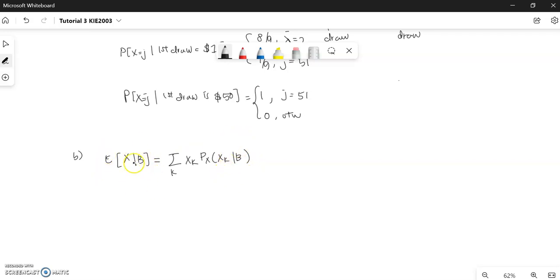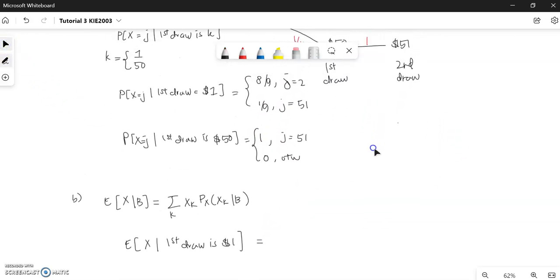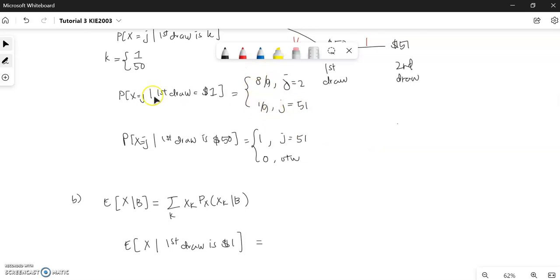There are only two conditions for this B. One is that the first draw is $1. So how do you find this? You sum up what we have. We have just two values of x of j here, with conditional probabilities 8 over 9 and 1 over 9.